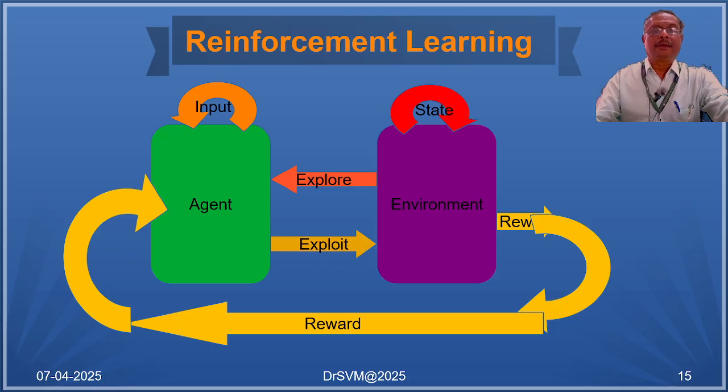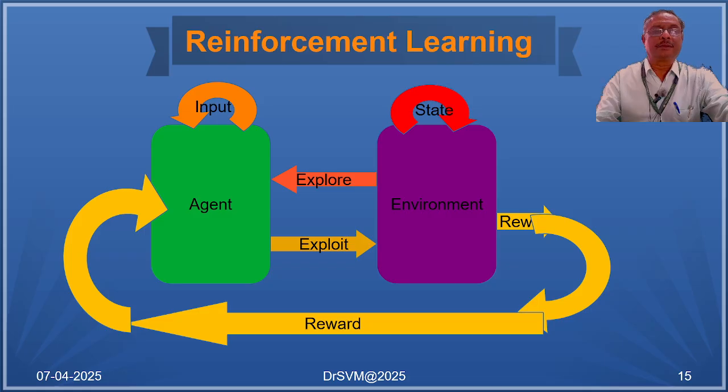The agent will continue to exploit the environment such that it gets more and more positive rewards, and it tries to avoid the actions for which we get a negative reward. So that's reinforcement learning.